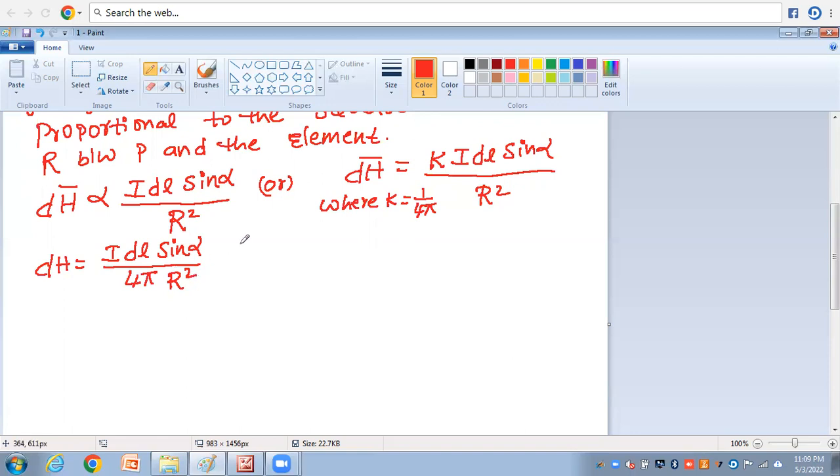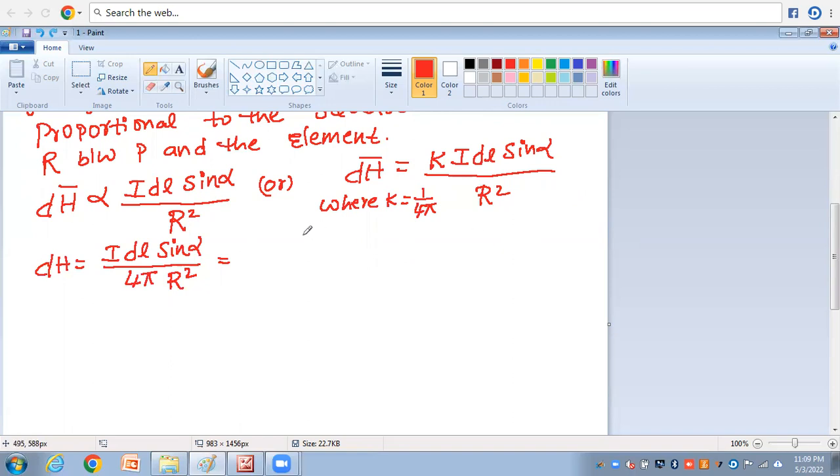Now there is another extension. For example, A bar cross B bar, you may write as mod A bar, mod B bar, sine alpha. Again I will write this one with the help of I dl and the unit vector aR bar.